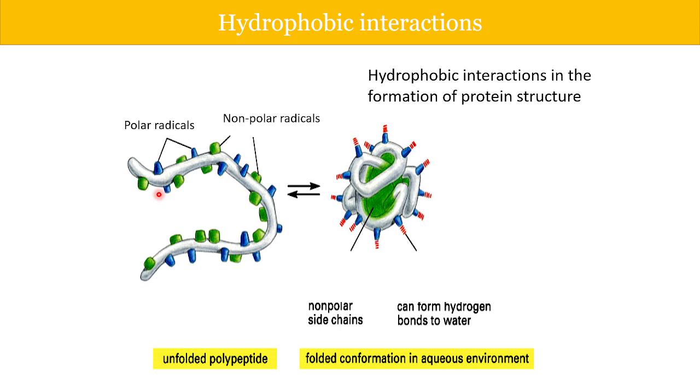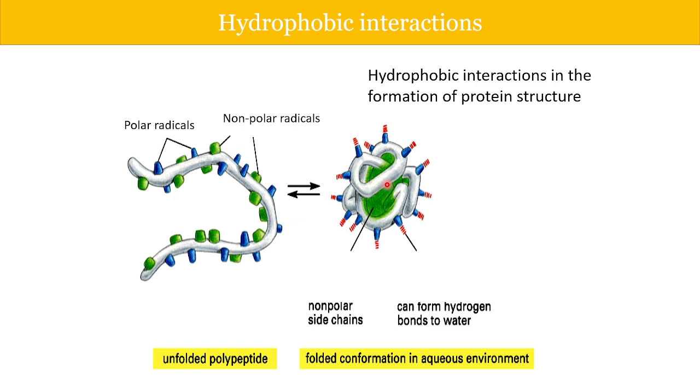I would call the most important interaction the hydrophobic interactions, because as I was saying, it is responsible for the formation of the core of the protein, because hydrophobic moieties are the ones that do not interact with the outside or the water molecules that are present in the surroundings.